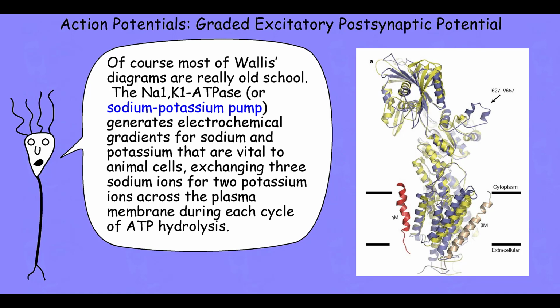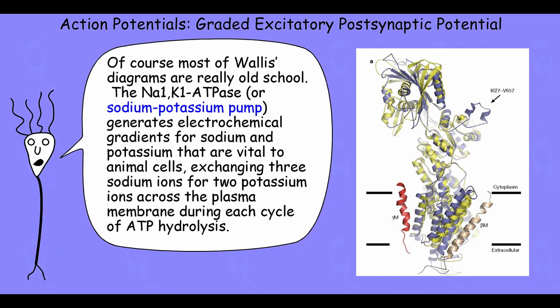As a result, our sodium-potassium pump, in effect, decreases the concentration of sodium inside the neuron, and it increases the concentration of potassium inside the neuron. And it also, for each cycle of ATP hydrolysis, decreases the number of positively charged ions inside the neuron by 1.